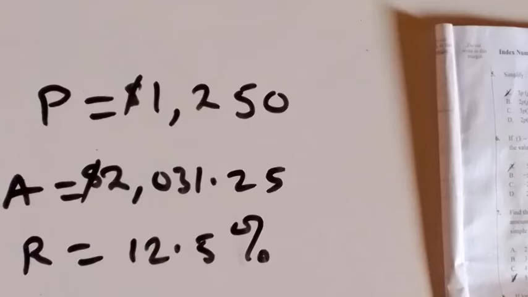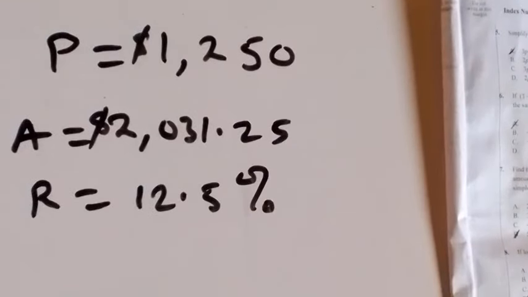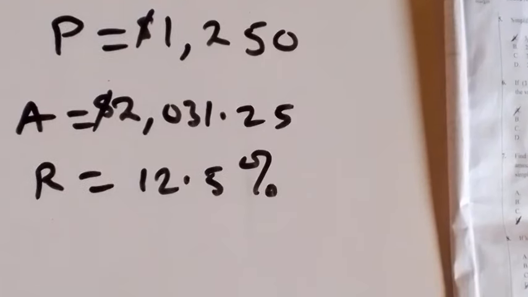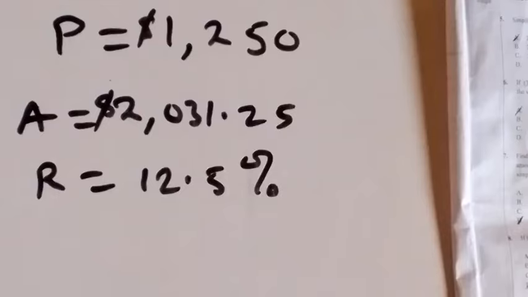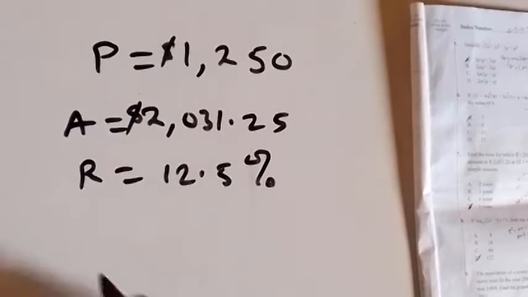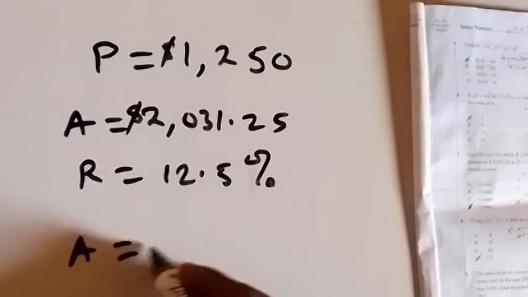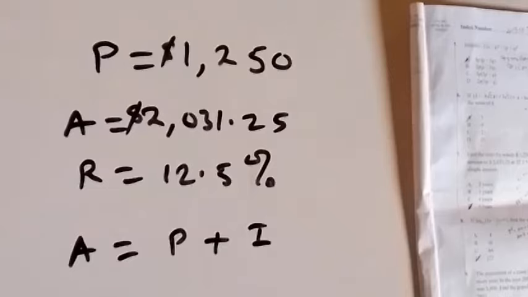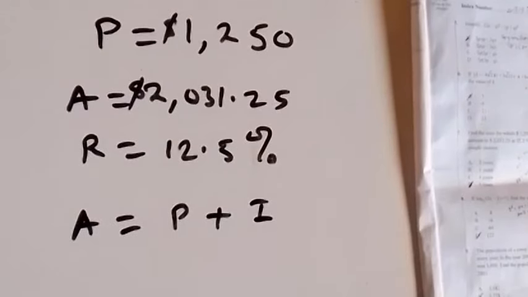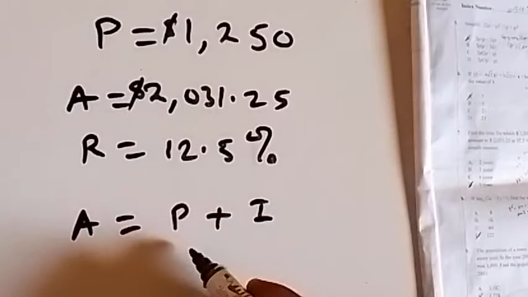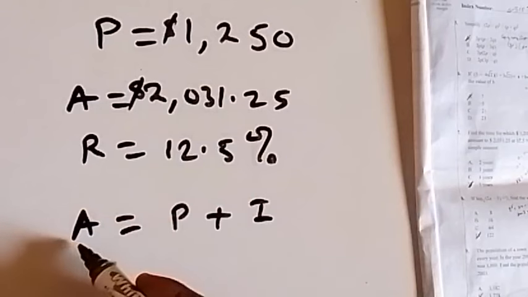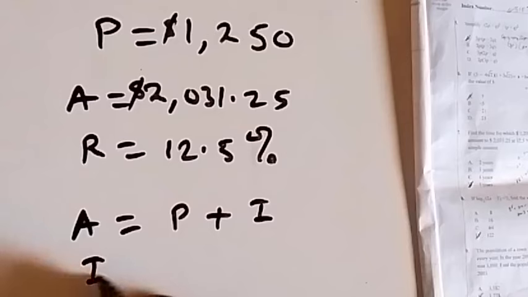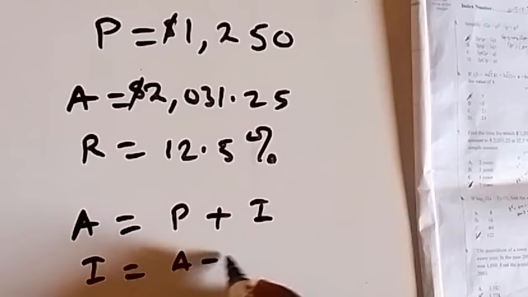Now that we have identified what we are given, we can relate this. We should understand that the amount formula will give us A equals principal plus interest. That means we can get the interest by subtracting the principal from the amount. So interest will be equal to amount minus principal.